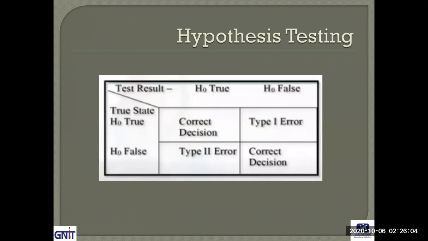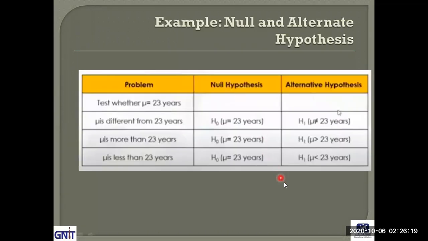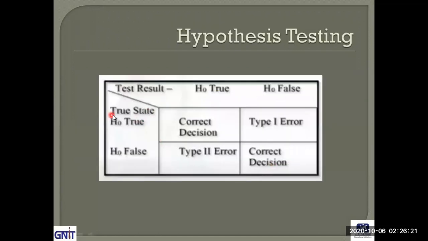So when null hypothesis is true, H0 equals true, and H0 in the row is also true, then it is a correct decision. But when H0 is true or similarly H0 is false, then this is called type 1 error.